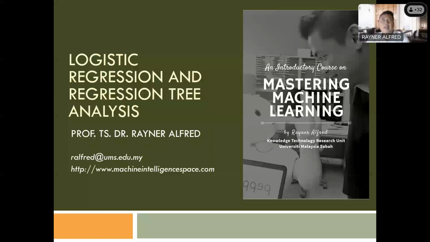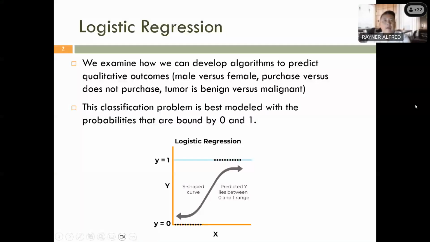Normally, when our variable is a label, ordinal or nominal, for example, male versus female, purchase versus does not purchase, tumor is benign versus malignant, we are looking at two possibilities only, yes or no.